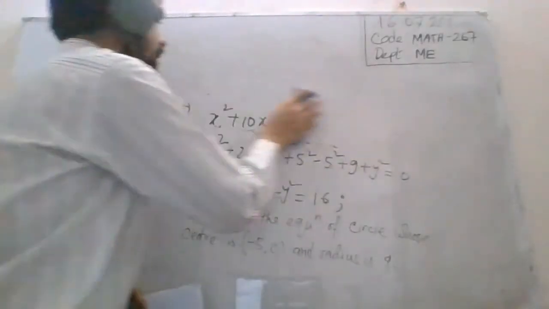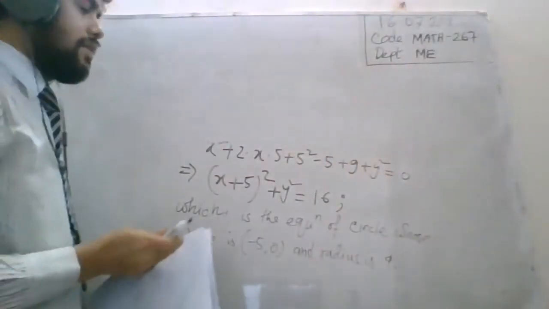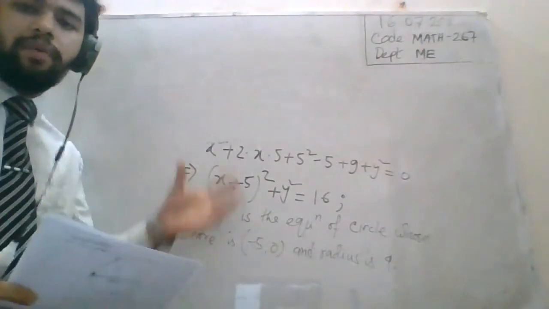So the region will be here. The region is the set of all boundary points of the circle.